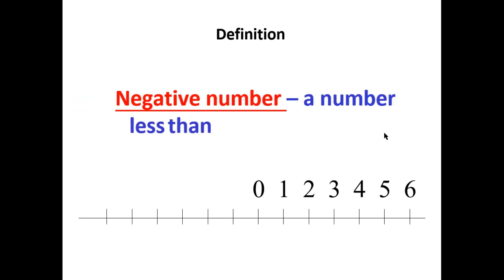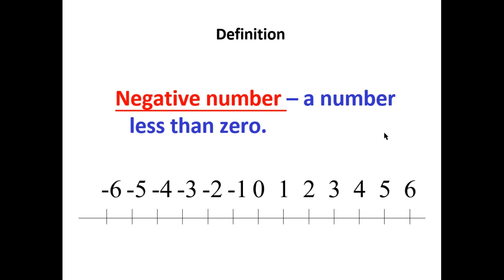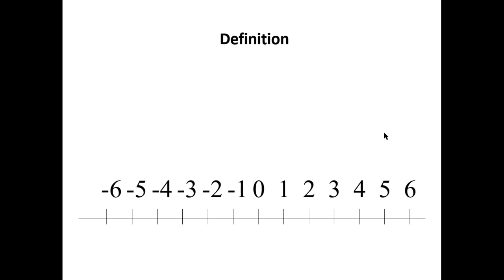Negative number. A number less than 0 is known as a negative number. -1, -2, -3, -4, -5, -6 and so on are known as negative numbers.